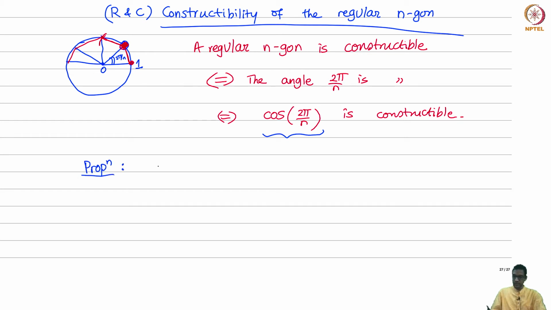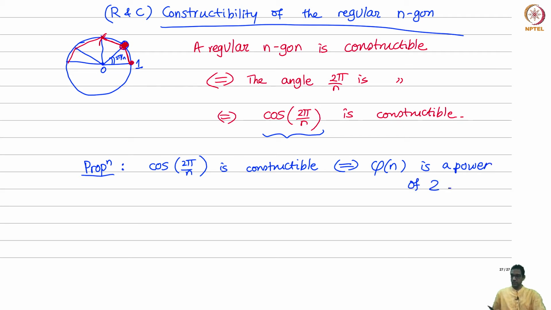Proposition: cosine of 2 pi by n is constructible, or in other words, a regular n-gon is constructible, if and only if phi of n, the Euler's totient function, is a power of 2. Okay, so let's prove this proposition. Proof.